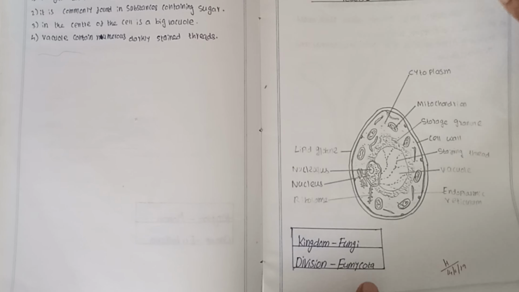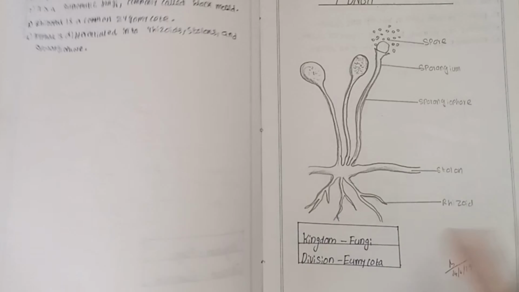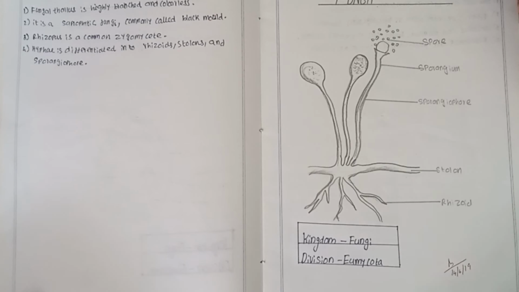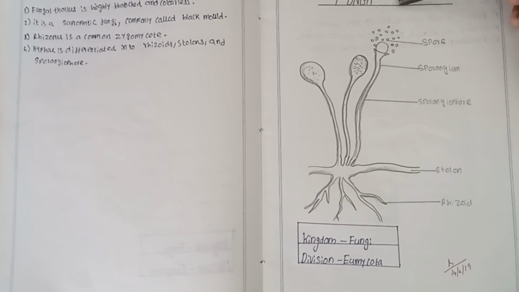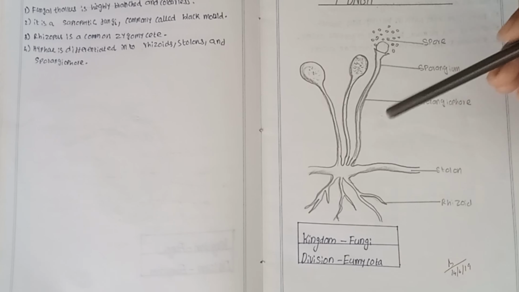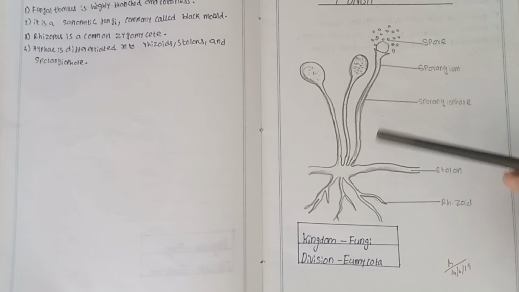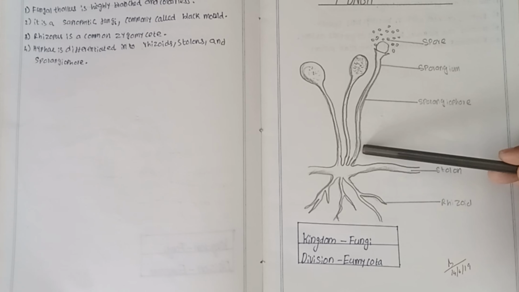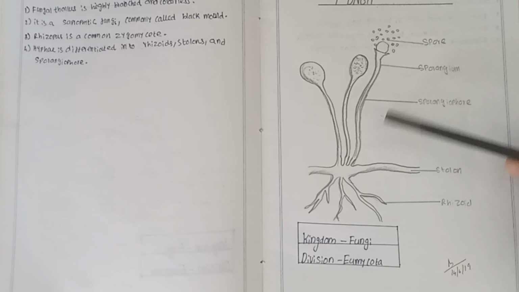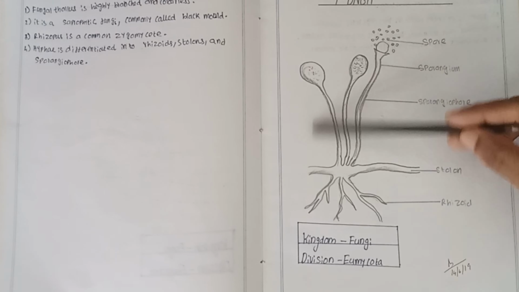Next, multicellular fungi. This is the structure of rhizopus or bread mold.